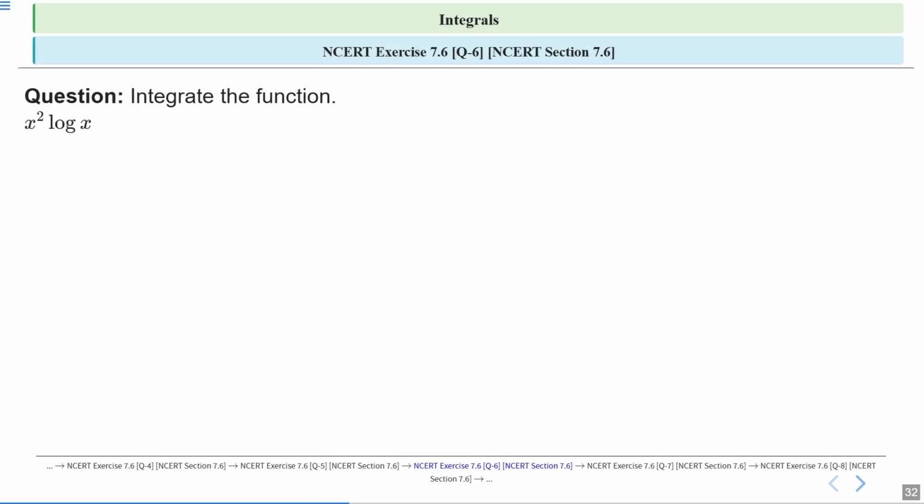Now we go to question number 6. In 6, we have to integrate the function x square log x. So just think which function we have to take as u and which function we should take as dv.